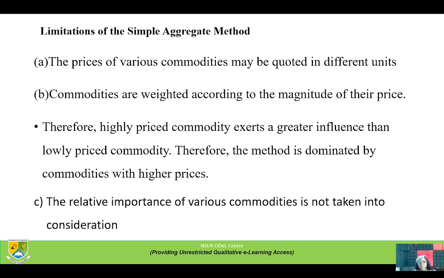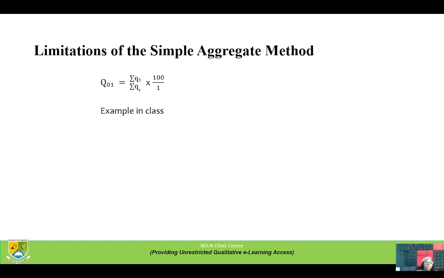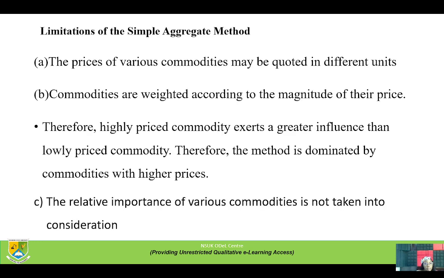Therefore, highly priced commodity exerts a greater influence than lowly priced commodity. Therefore, the method is dominated by commodities with higher prices. The relative importance of various commodities is not taken into consideration. We'll consider numeric examples in class.